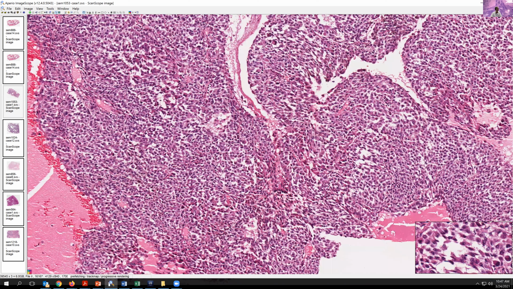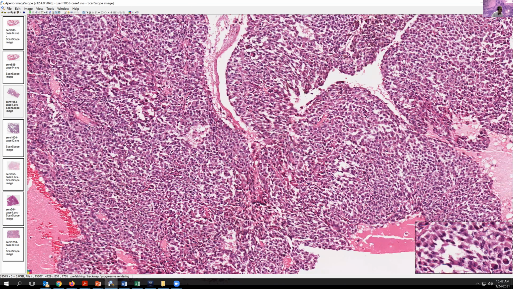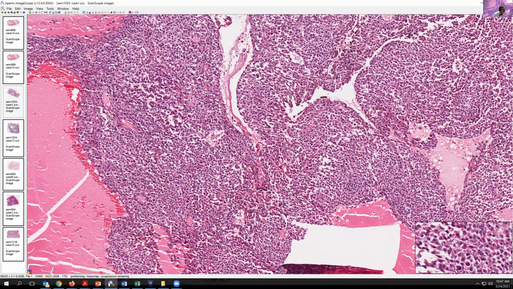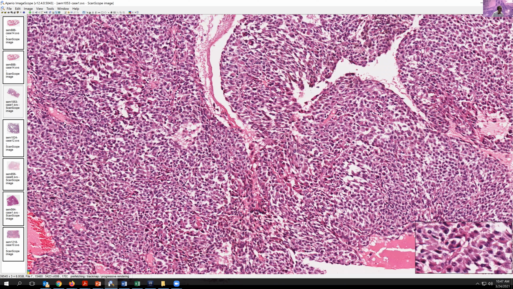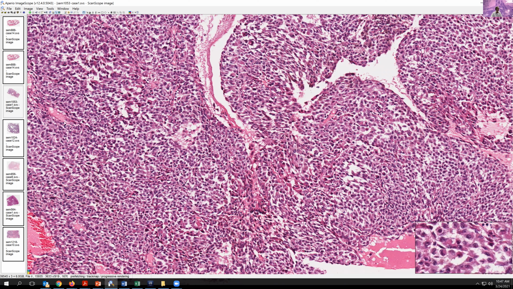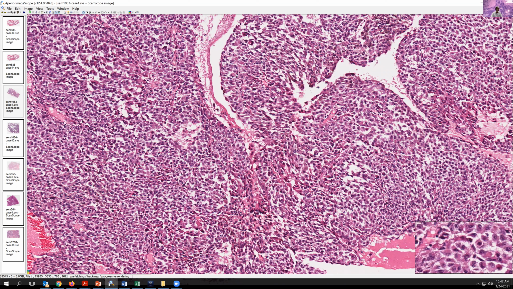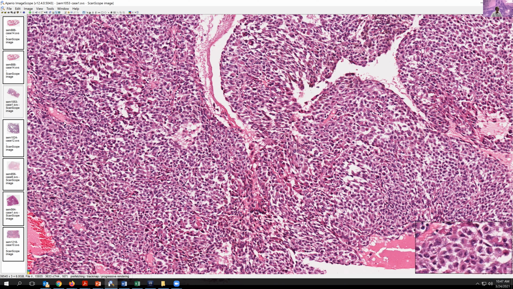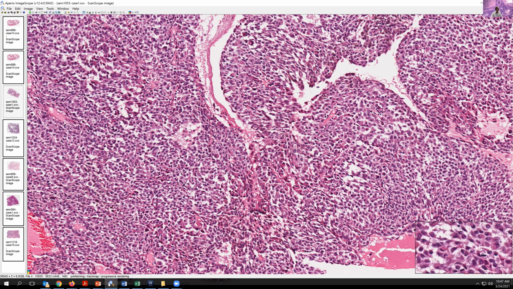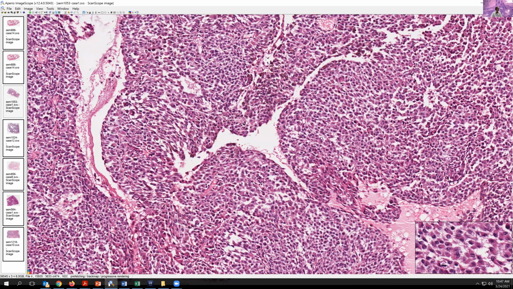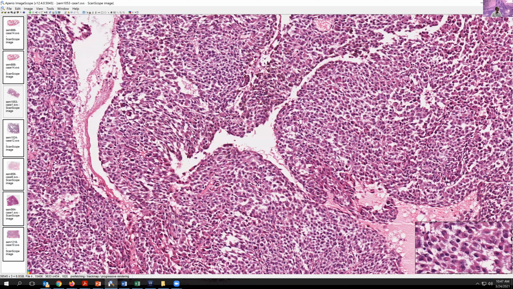Looking a little more closely, we can see that even on the cytologic level, this also tends to mimic a juvenile granulosa cell tumor, because we have quite a bit of abundant cytoplasm, very eosinophilic, not a whole lot of nuclear atypia, no Call-Exner bodies, of course, no watered silk pattern for adult type. And the nuclei are mostly round.